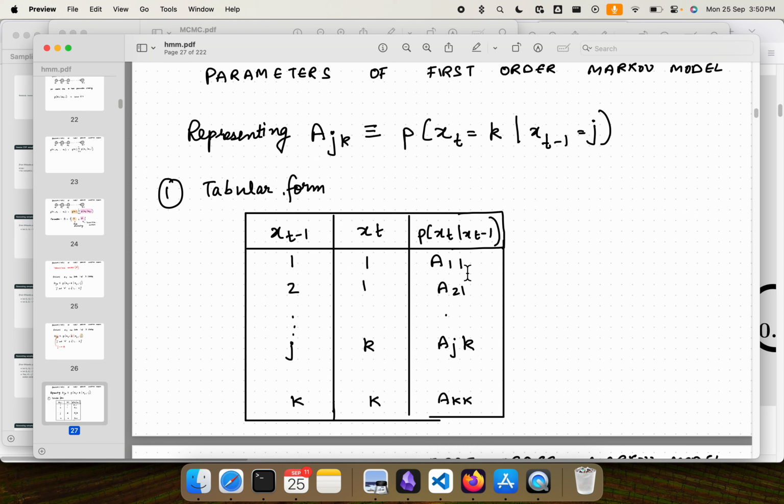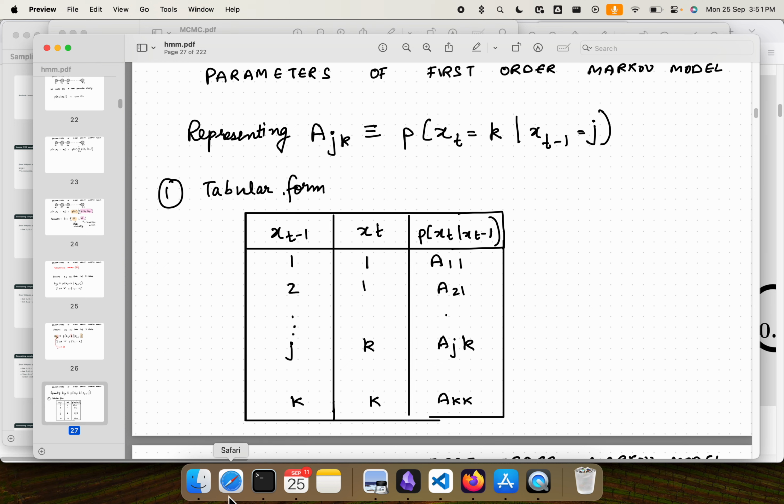Right? How many entries will we have in this table? Let's assume that there are k states. In the previous example we had 2 states, right? Rain, sun. How many entries will we have in the transition table? K square. Rain to rain, rain to sun, sun to rain, sun to sun. Right? There will be k square such combinations.